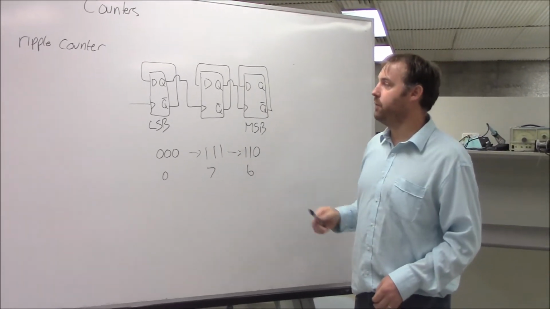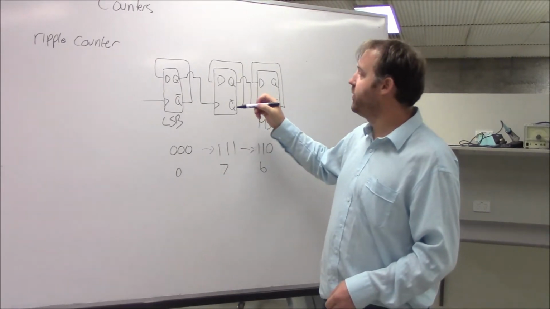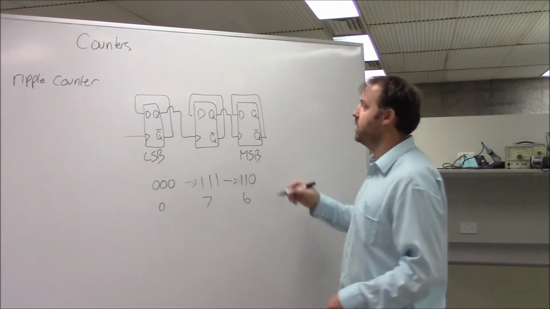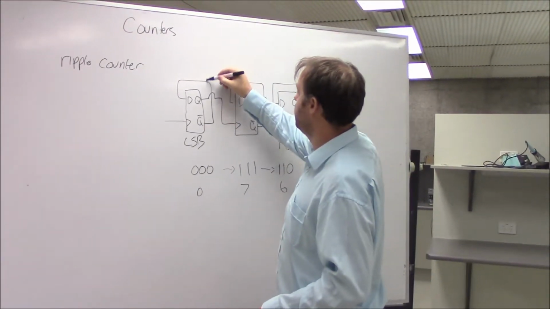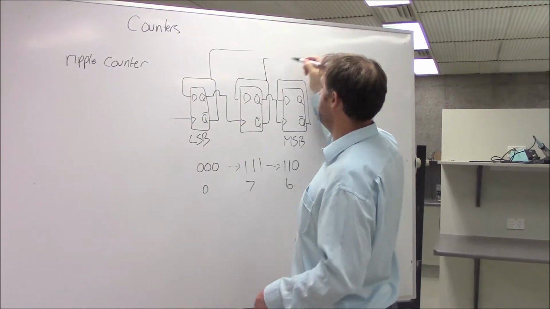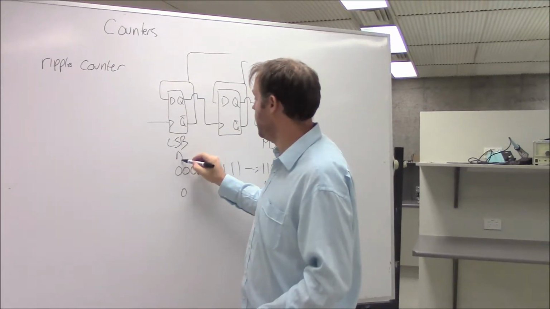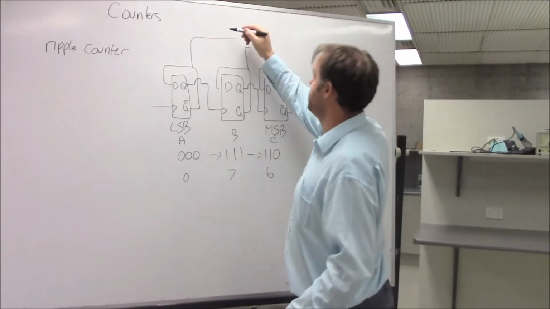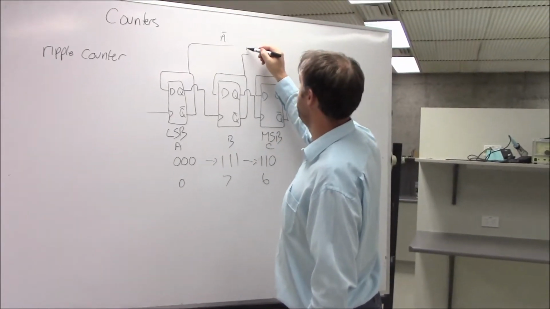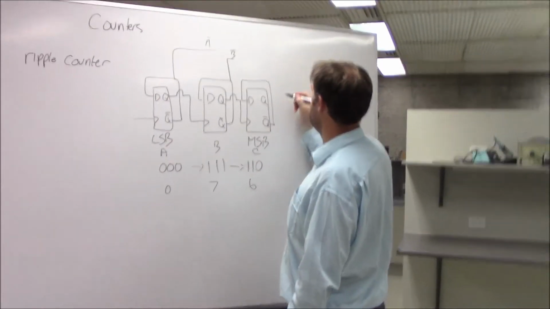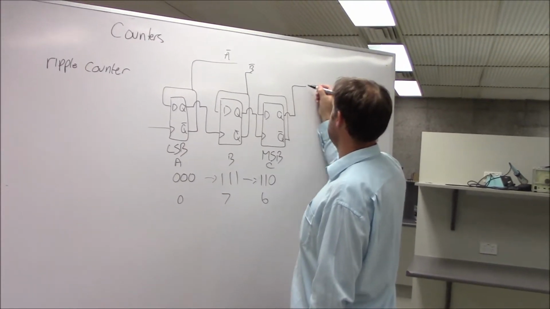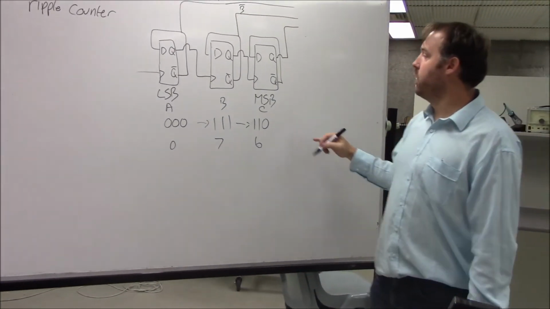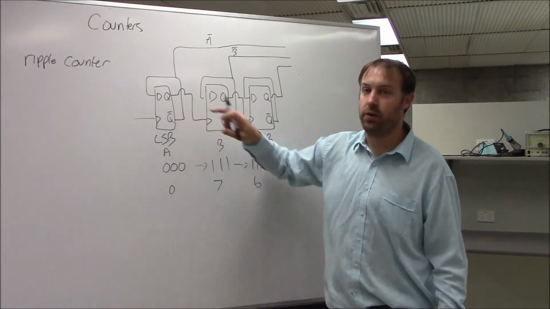But if you have some logic on this, so if we were to have a logic where we need, let's call this one A, B and C. So this is not A, this is not B, and let's use C. So we want something to trigger when this one is high and these are low.